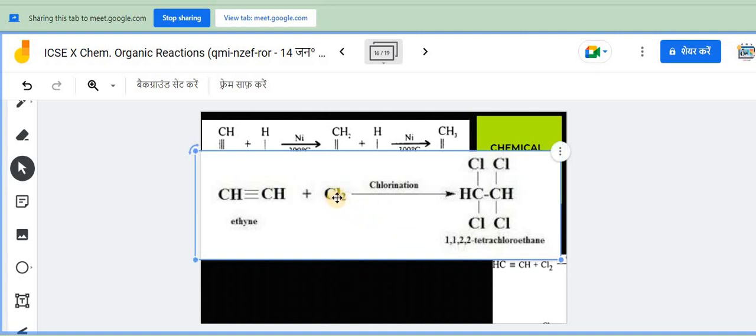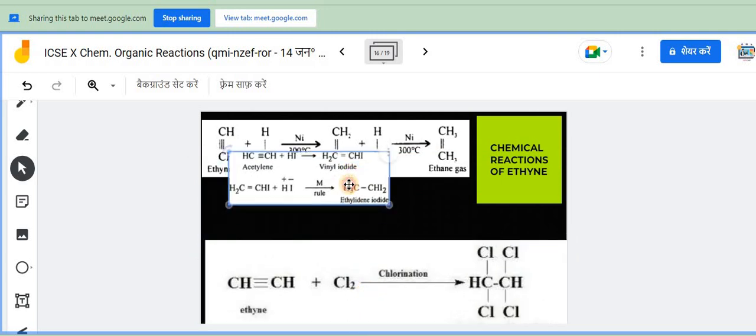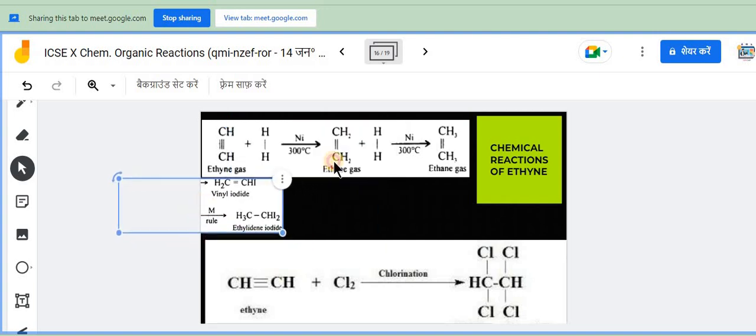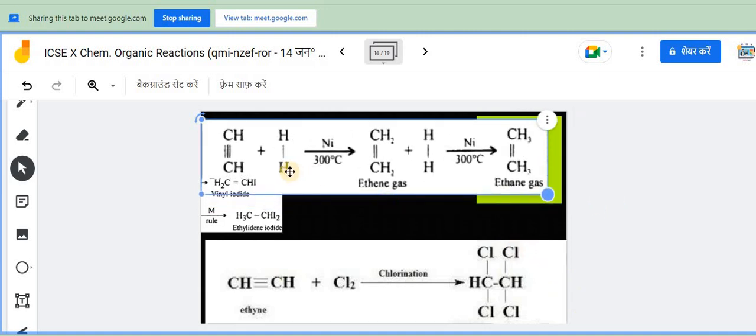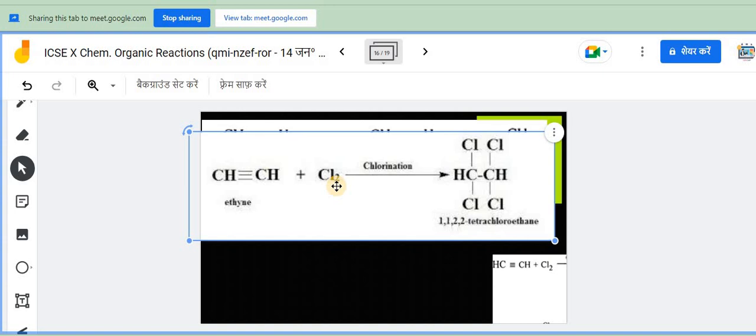When you add chlorine one time, you can compare these two reactions. First, compare the hydrogenation reaction. When hydrogen was added to ethyne, the triple bond changed to double and the double changed to single. In the same way, with chlorination, the triple bond first changes into a double bond, meaning CHCl double bond CHCl.